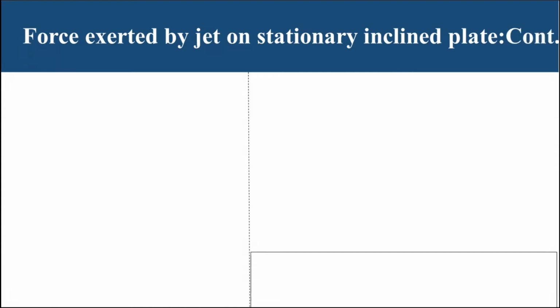After that now we will see the free body diagram, FBD, for our case, so consider this plate. Now this Fn is the force which is acting, and the plate surface is making an angle theta with the direction of jet, so it will make an angle of 90 minus theta with normal axis.